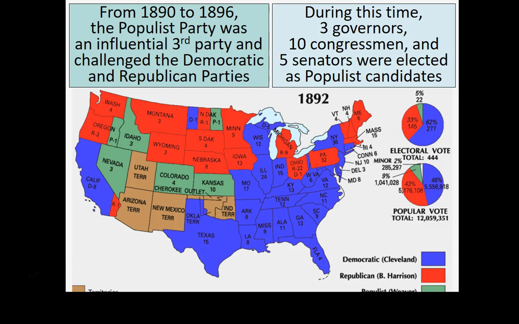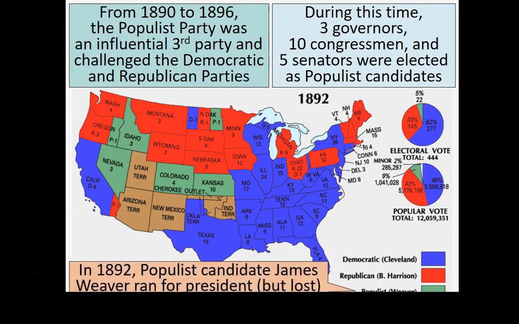In that 6-year time span, many state and federal candidates were elected under the Populist Party, including governors, congressmen, and senators. And then in 1892, we see our first Populist Party presidential candidate. His name is John Weaver, and he runs for president but loses to Grover Cleveland by a pretty substantial margin.